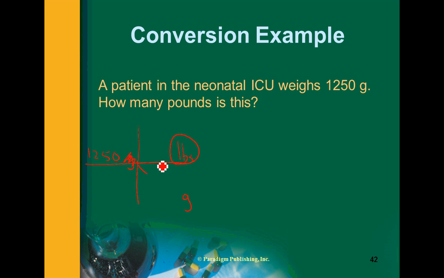So we have grams, you can cancel those off. 454 grams is going to be equal to 1 pound. So then you multiply across and divide. 1,250 times 1 is 1,250. 454 times 1 is 454. Then you're going to divide, and it comes out to be 2.75 pounds.